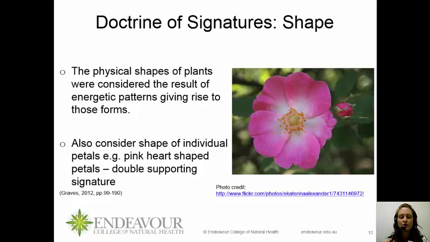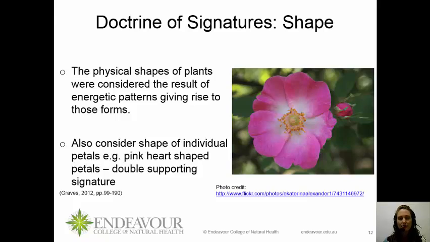And when you combine this with a heart shape, you automatically start to think of the heart and think of the qualities of the heart, and unconditional love and nurturing, and those sorts of qualities. And so we're already starting to see different doctrine of signatures being put together.